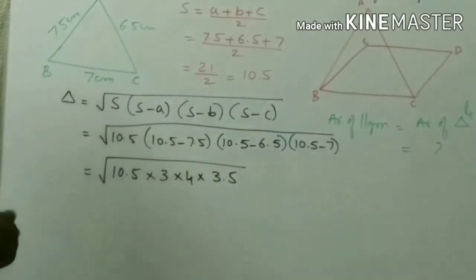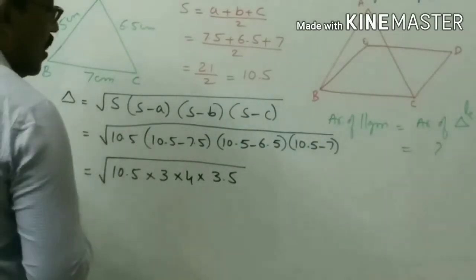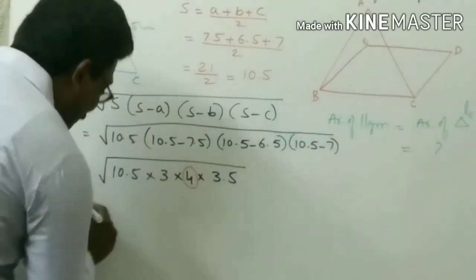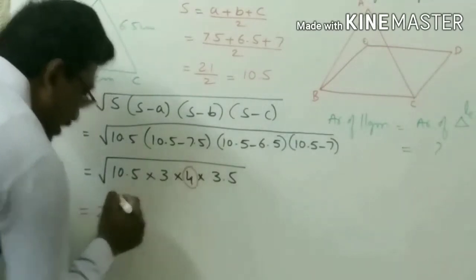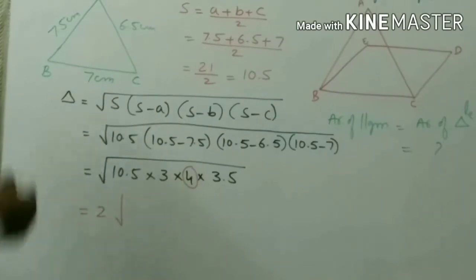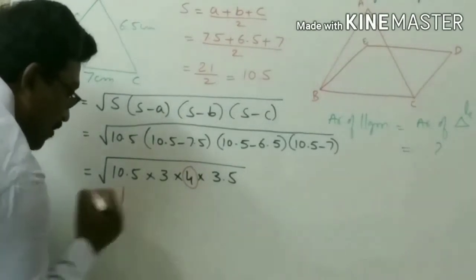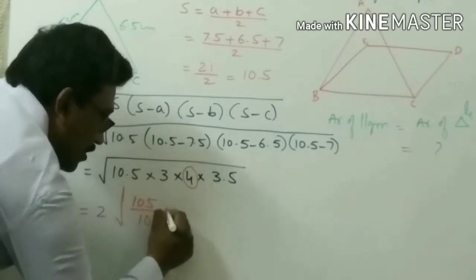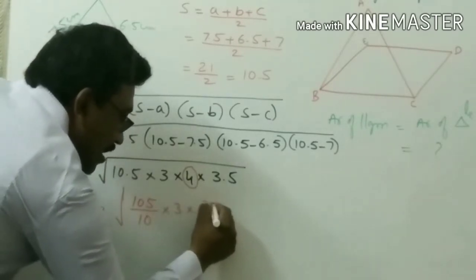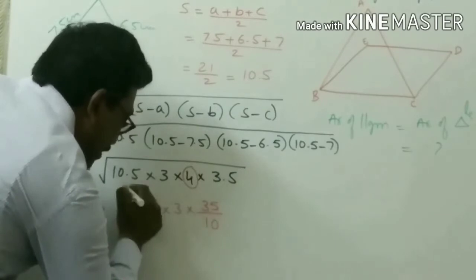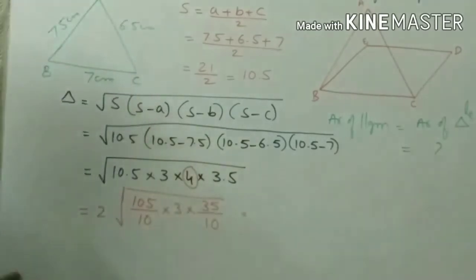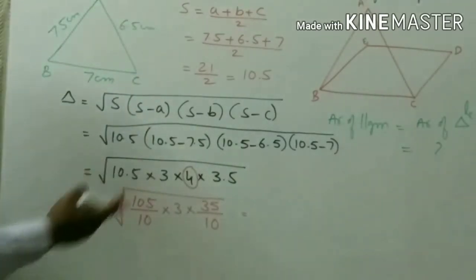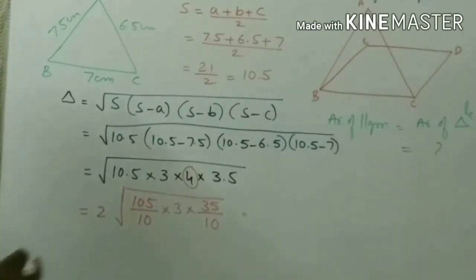In this, one is a perfect square. Among these, one is a perfect square. What is that? 4, so I wrote 2. Now this 10.5 can be written as 105 by 10, into 3, into 35 by 10, because decimals will be converted into fractions.